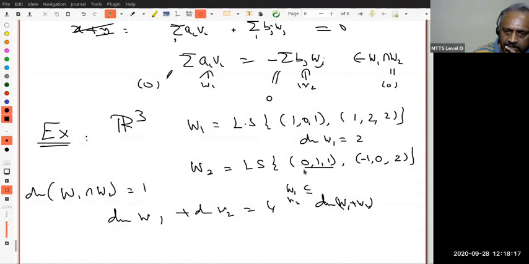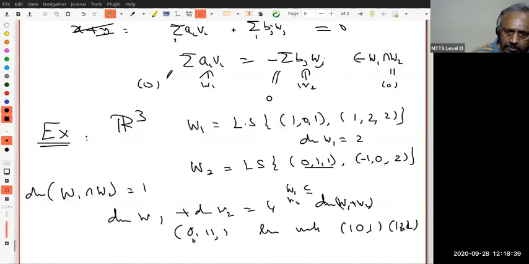You understand that? That means A and B are different. But then A times 0 will be 0 and B times 2 you want. Are you following me? (0, 1, 1) is linearly independent of (1, 0, 1) and (1, 2, 2).